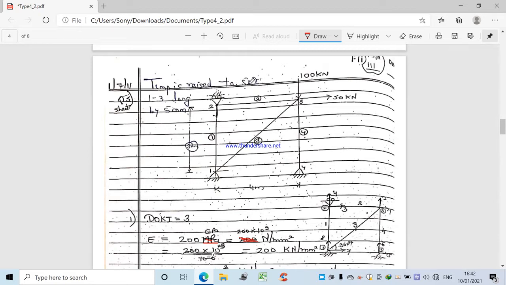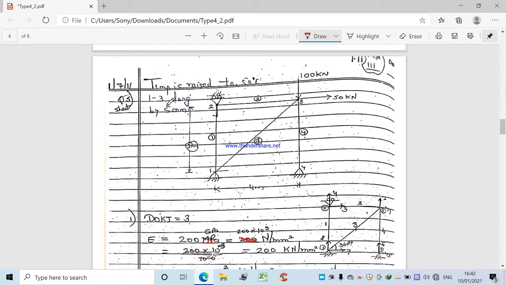So you must remember that whenever the numerical says the temperature is raised, you have to apply the compressive force in all the members to balance this. And whenever the temperature is given as a fall to all the members, you have to apply the tensile force to balance the temperature effect.